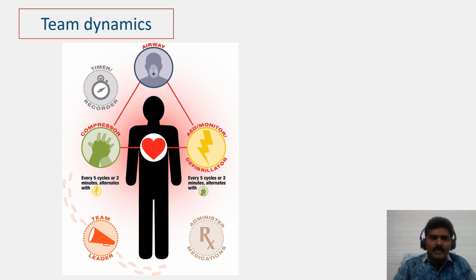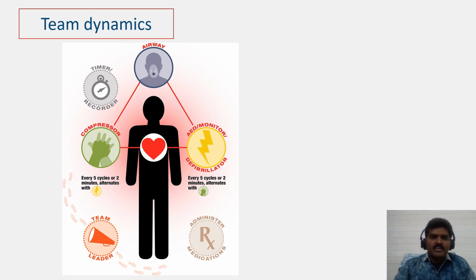These are typical ACLS team members and their positions. There will be one person who is expert in airway management, and there will be a compressor. The compressor and the person managing the airway alternate with each other every 5 cycles, 2 minutes.